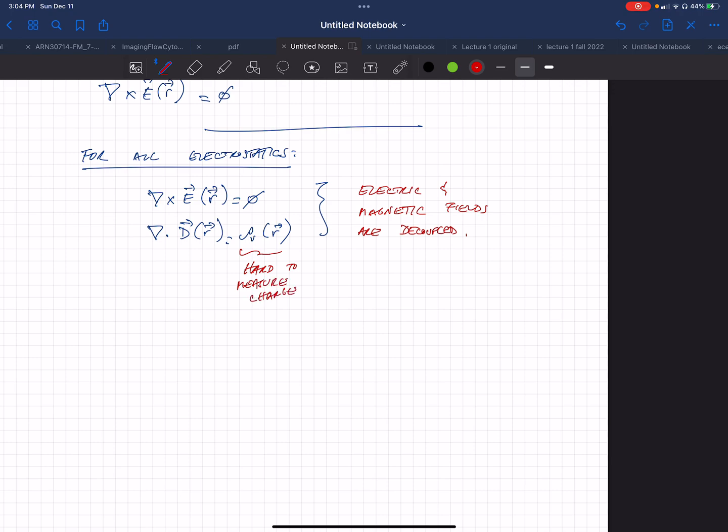For example, imagine you're in the lab trying to figure out what's going on with your capacitive circuit. It's really hard to measure charge density directly. So this business of starting with the charge density and moving to the electric flux and then the electric field is usually not practical either.